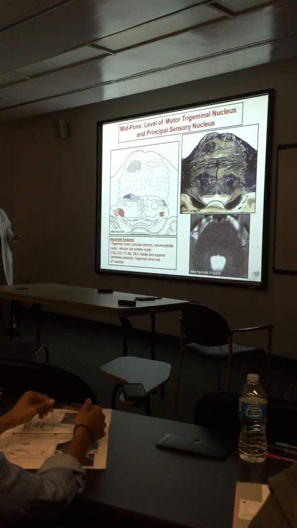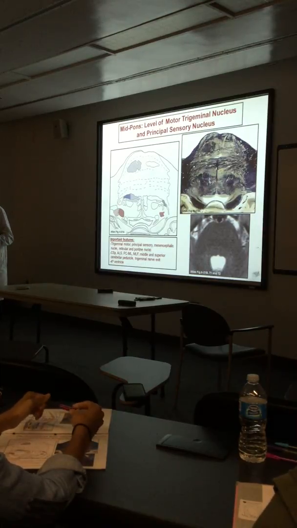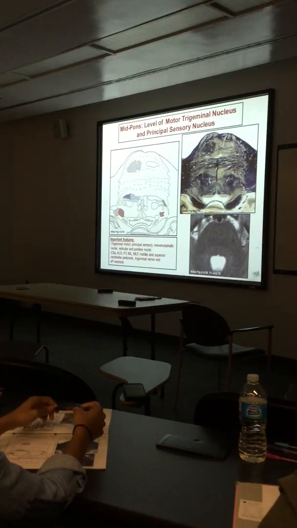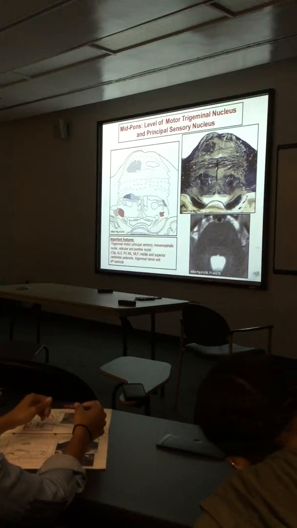The principal sensory nucleus, you can think of that as the proprioceptive nucleus for the trigeminal nerve. The position sense nucleus. An example I gave you before, I'll give again, is you eat your grandmother's really delicious jelly that has all kinds of little tiny seeds in it. One gets between the teeth. You don't perceive pain.